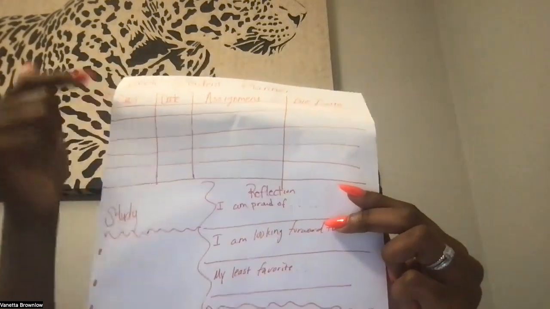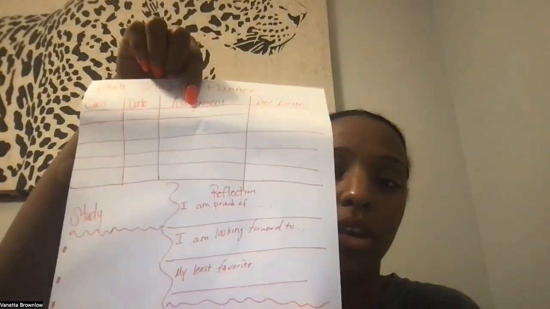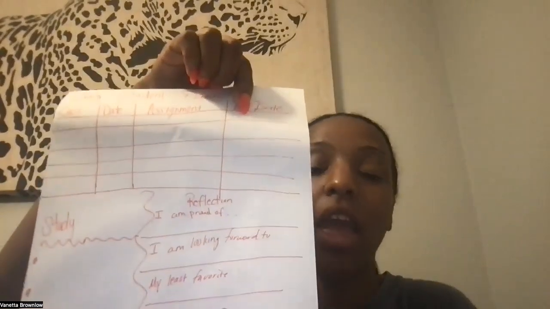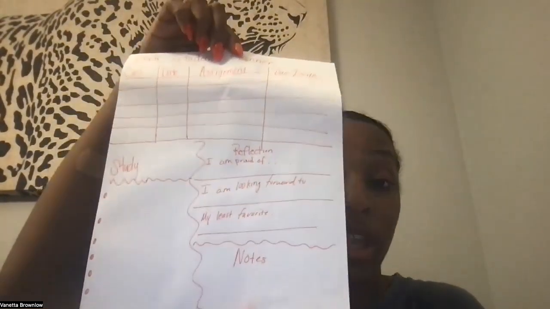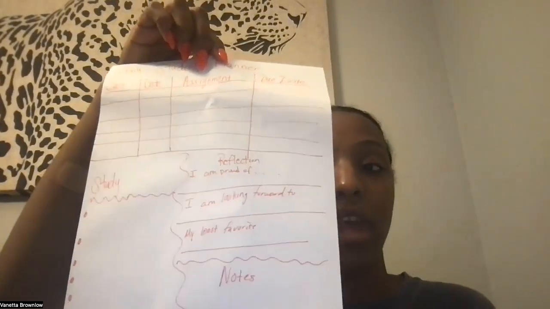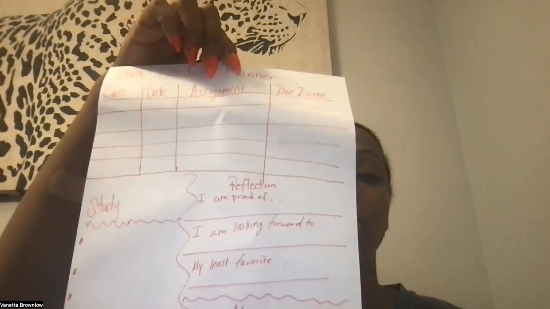You can write the class, what assignment they need to work on or complete, and also the due date for that assignment. If any necessary materials are needed, students can jot that down in a note box at the bottom. This helps students stay organized for different lessons or classes.